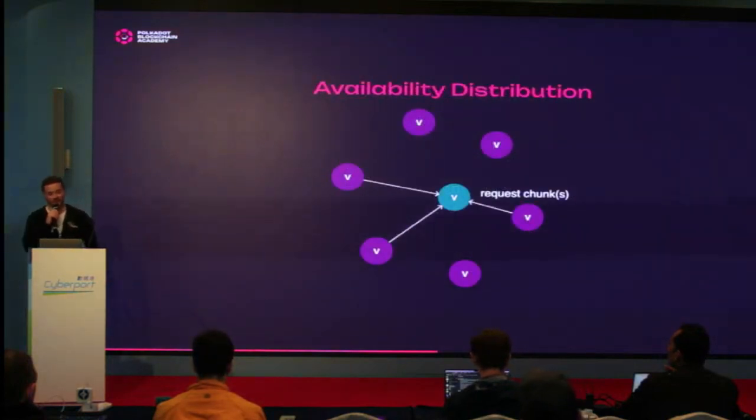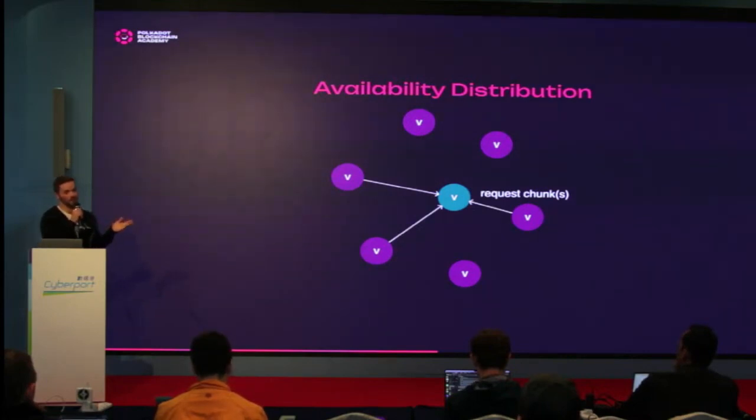All right, so the distribution of chunks works in this way. The backing group for a particular candidate, we know they have their chunks because they have already backed the candidate. They have run the parachain validation function on this proof of validity. They have the proof of validity.